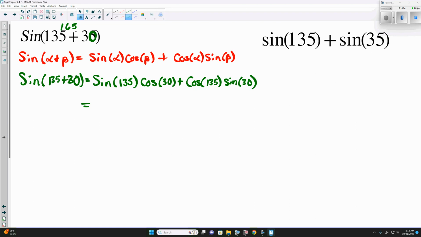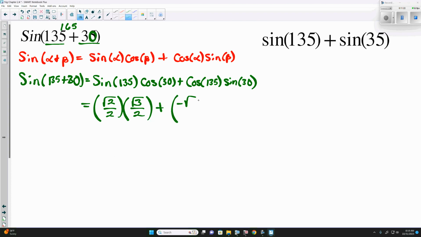But 135 and 30 are. They're both angles on the unit circle. So we can use those angles on the unit circle to find the one that isn't. And I have a feeling this is actually the one I wanted. But both work just fine. Because sine of 135 is still square root 2 over 2. Cosine of 30 is square root 3 over 2.